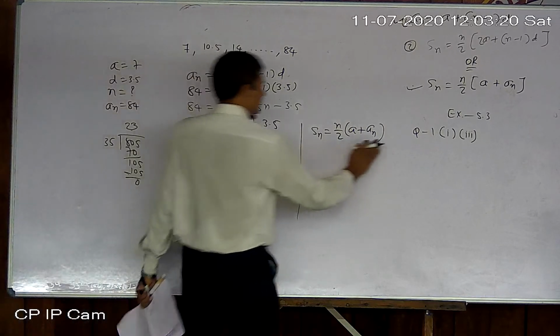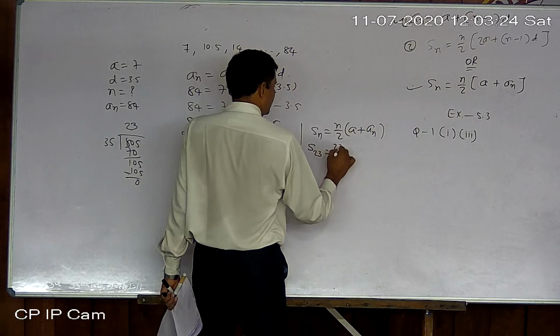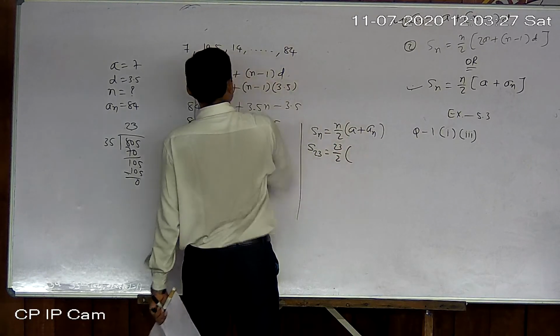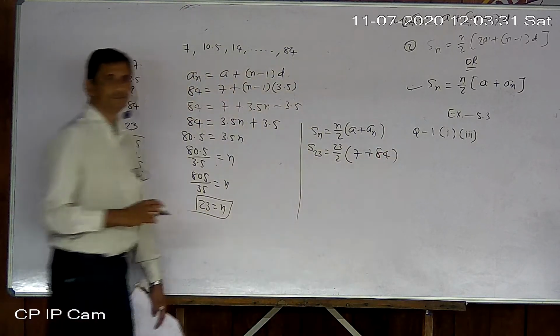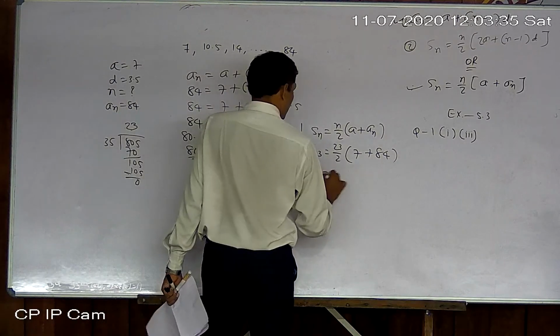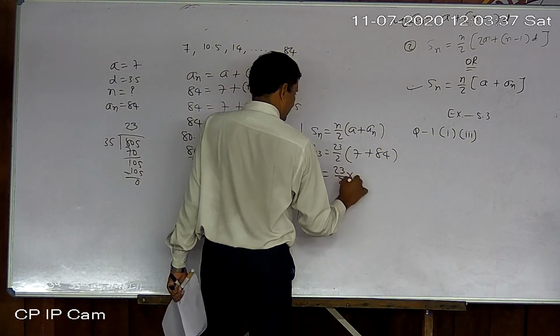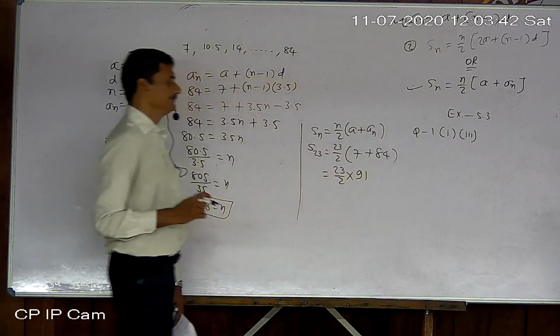Now use that. So S23 equals 23 by 2, a is 7 and an is 84.